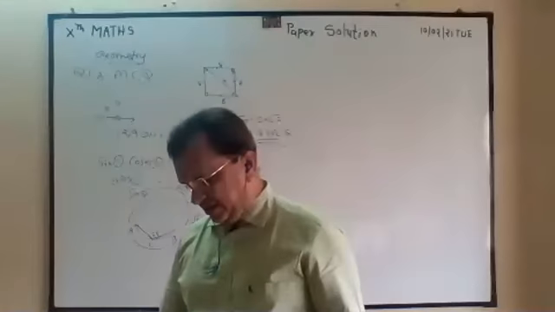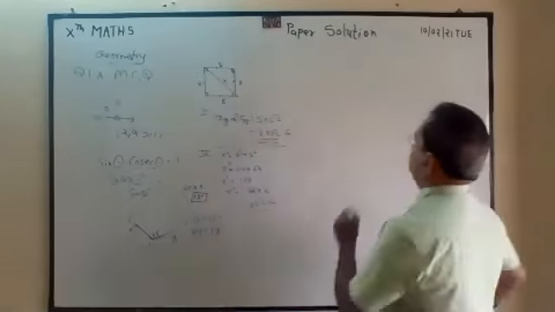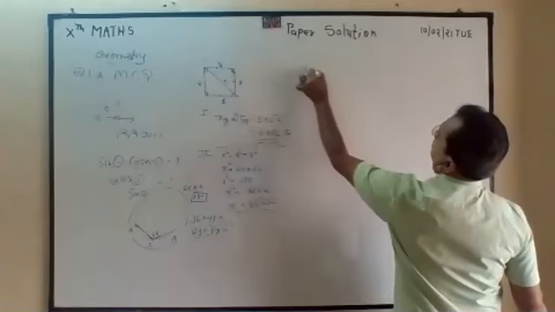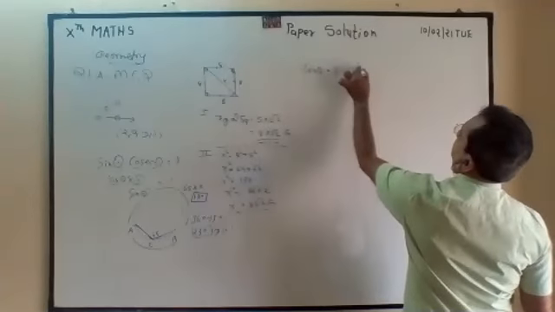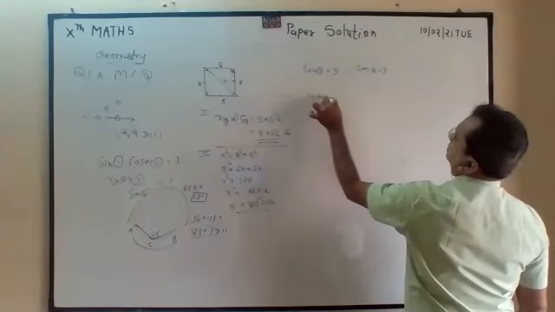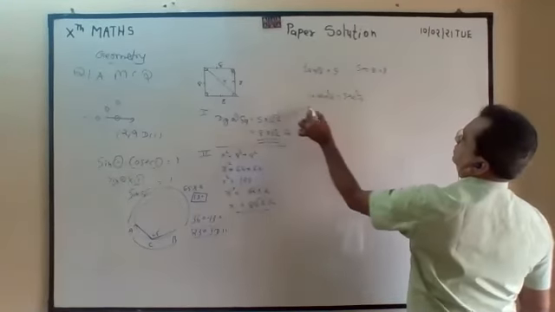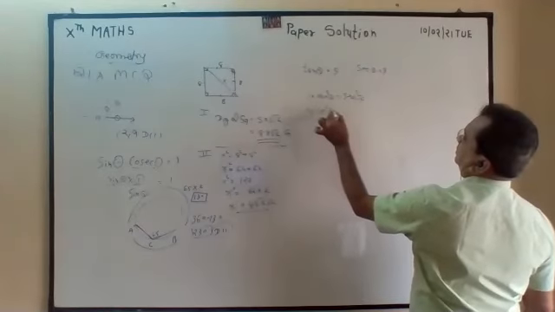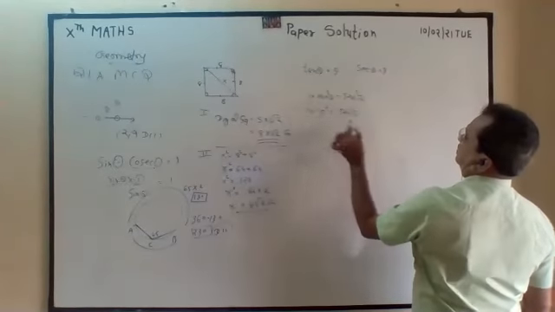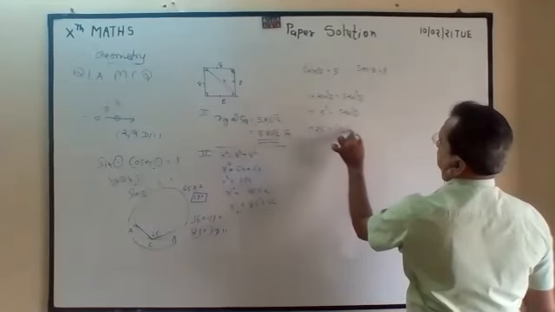Tan theta is 5. Find sec theta. Here also two methods. Tan theta is 5. Sec theta is the question. So 1 plus tan square theta is equal to sec square theta. So 1 plus 5 square is equal to sec square theta. 1 plus 25 is equal to sec square theta.